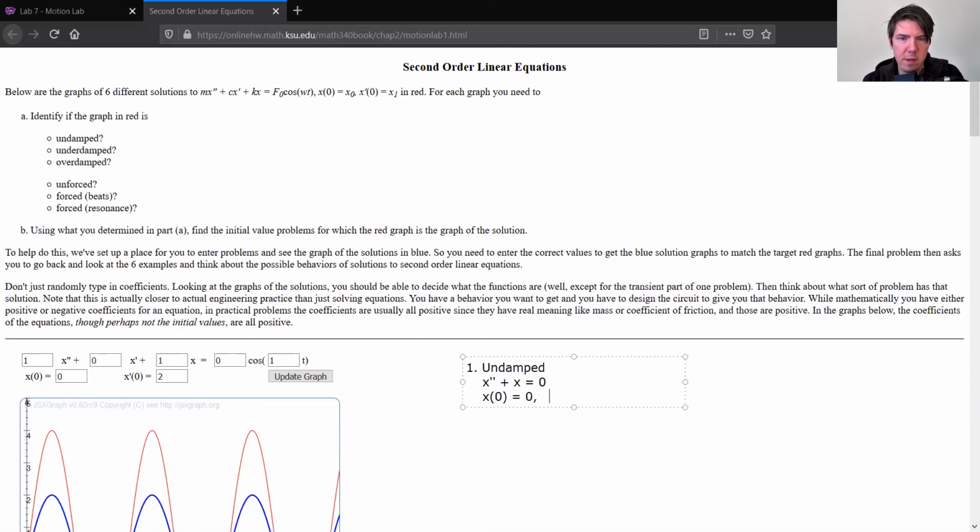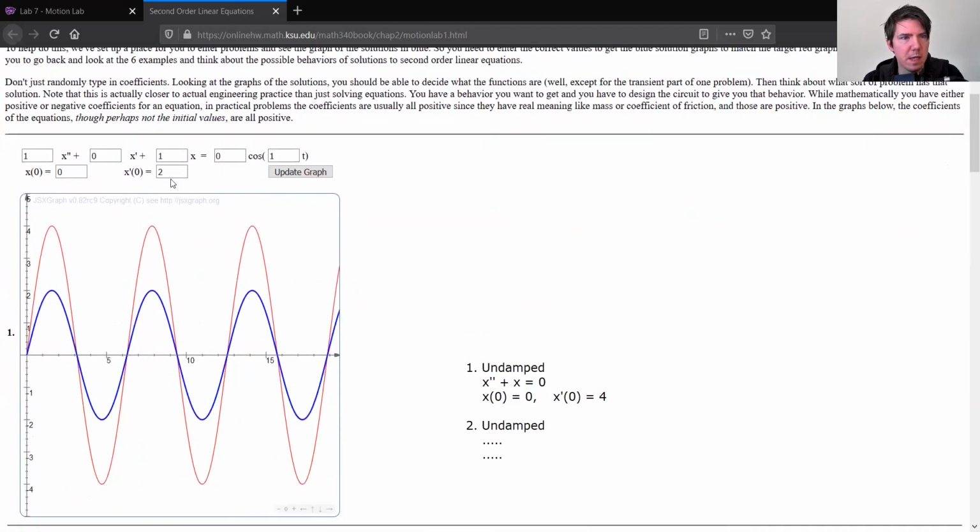And then I'll just give you the answer for this one. I think it's x prime of 0 is equal to 4. And then for number 2, we also decided that it's undamped. I don't actually know what it is, but you write that initial value information like so. Did I lie to you, or is it actually 4?